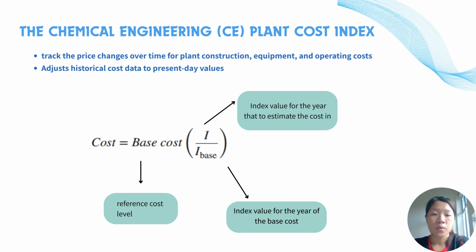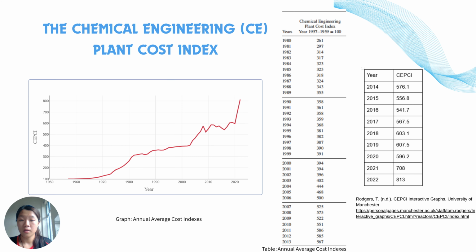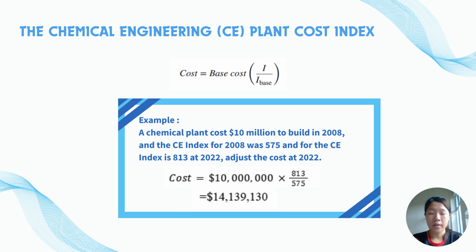The formula is equal to the base cost, which is the reference cost level, multiplied by the index value for the year that we want to estimate the cost in, divided by the index value for the year of the base cost. For the index values used in the formula, you can get them from the graph or from the table, or you can click the link in the bottom right corner to access the graph of the index values.